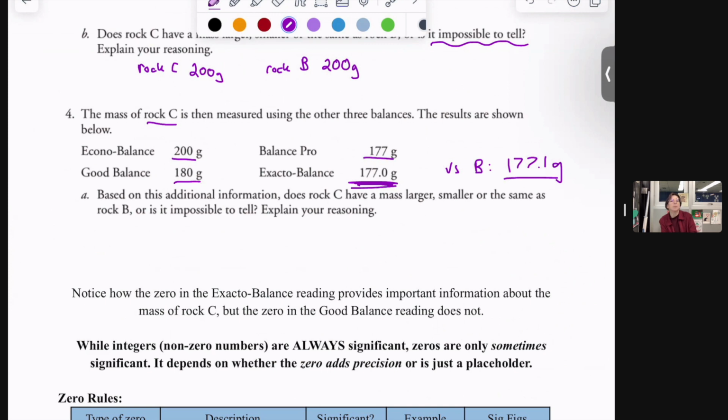Yes. So rock C has a smaller mass than rock B. But we only are able to tell that because we're using this tool, because we're using a more precise tool. So again, I'll let you put that in your own words.